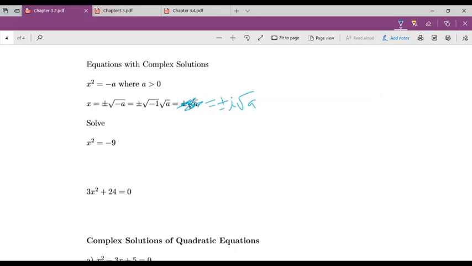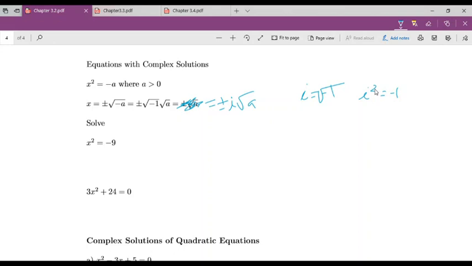It happens. Okay, so this i is essentially equal to the square root of negative 1. If you've never heard of that, i equals the square root of negative 1, because i squared equals negative 1.